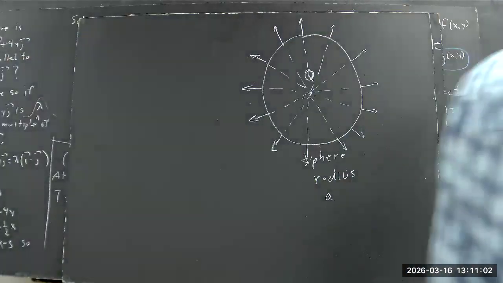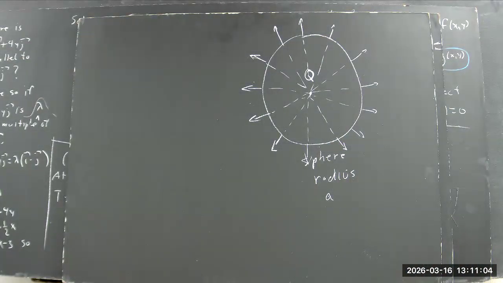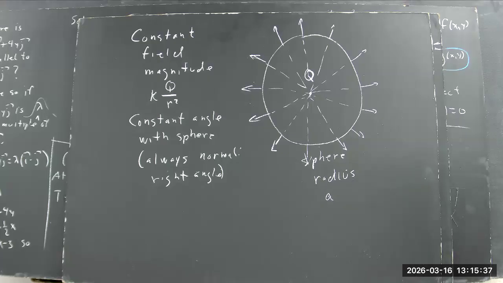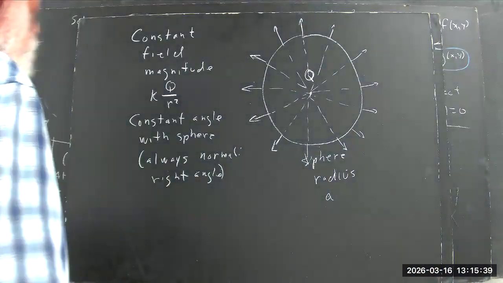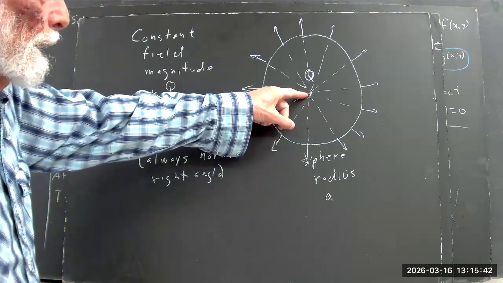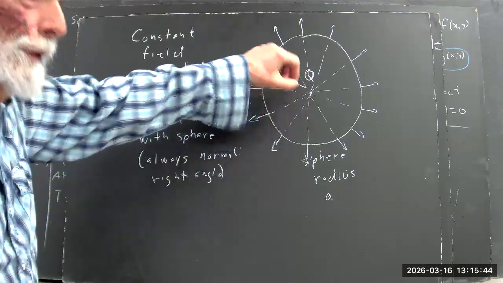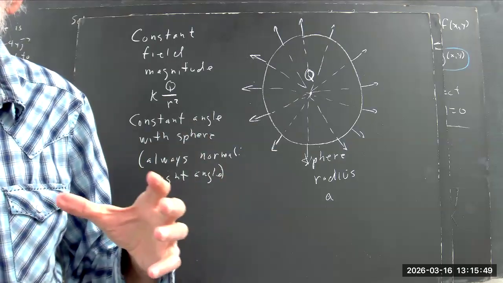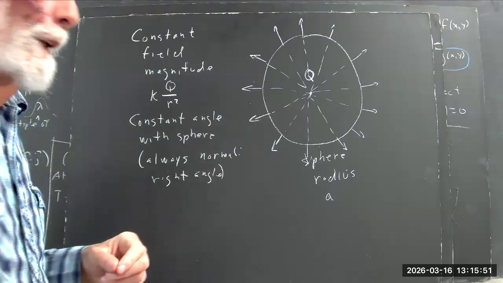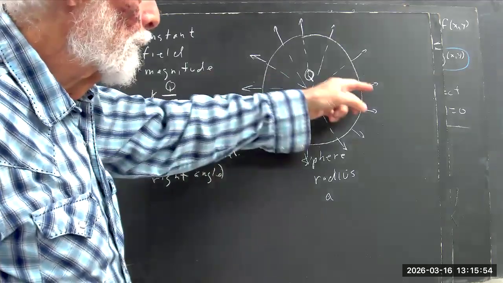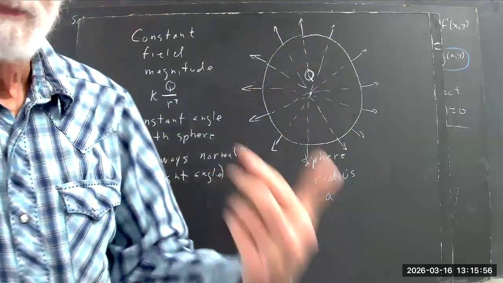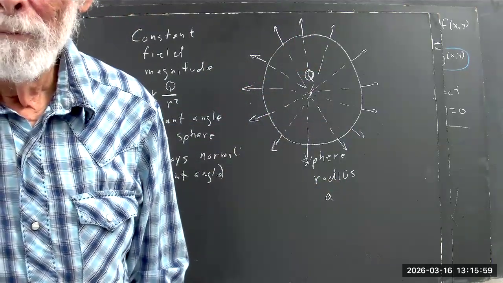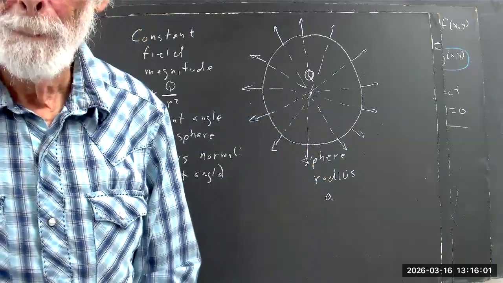Other question: does the electric field always make the same angle with the surface? If instead of electric field, you imagine a little LED here, putting out light in a perfectly uniform, symmetric manner, then in the first place, the light is going to go through every point of the surface at a perpendicular, just like the electric field is doing here, right?